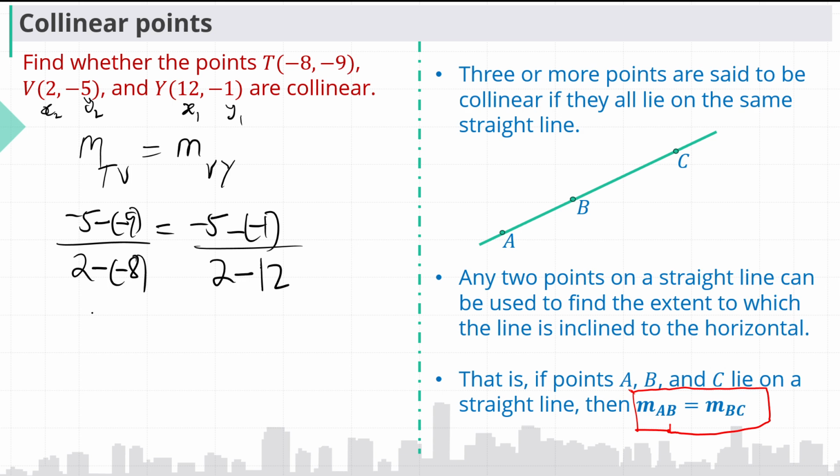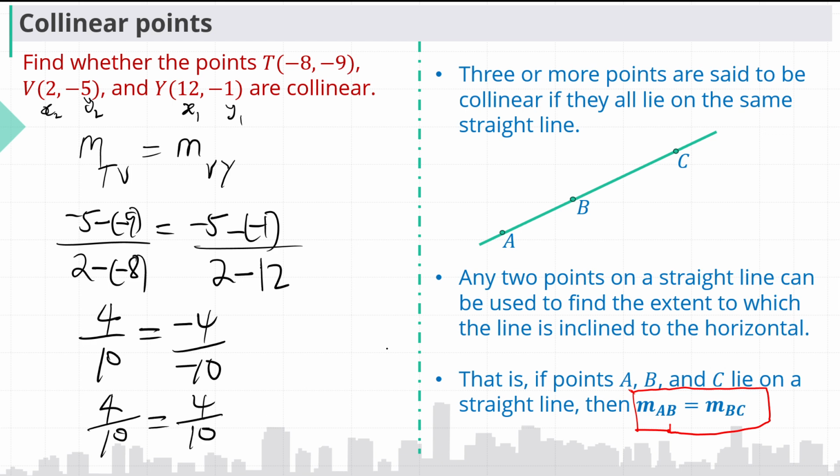So now left hand side, minus 5 plus 9 gives you 4, divide 2 plus 8 gives you 10. Right hand side, minus 5 plus 1 gives you minus 4, 2 minus 12 gives you minus 10. Now we see that both sides are the same.